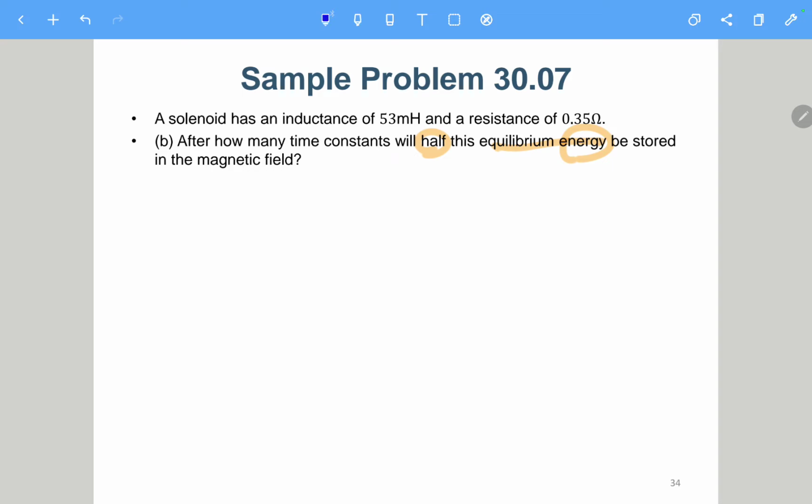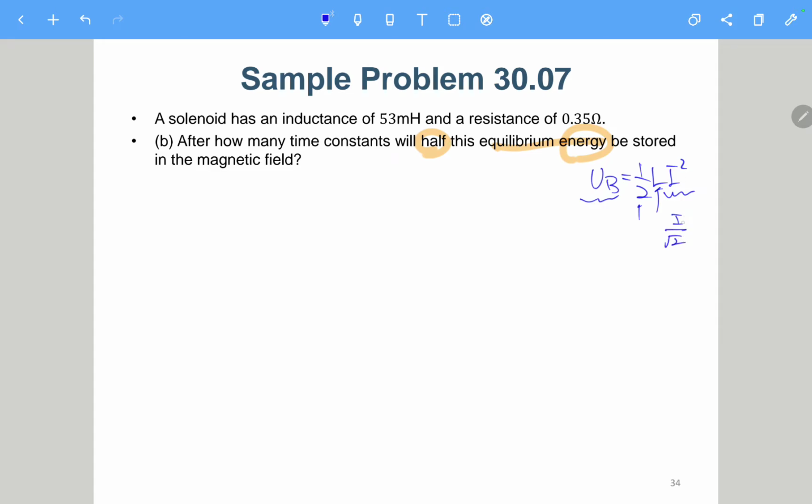As you can see, UB equals 1/2 L I squared. L doesn't change, the half of course doesn't change, so the only variable changing is I. So if we would like to have half of the UB, the I should be I over square root of 2 rather than I over 2.